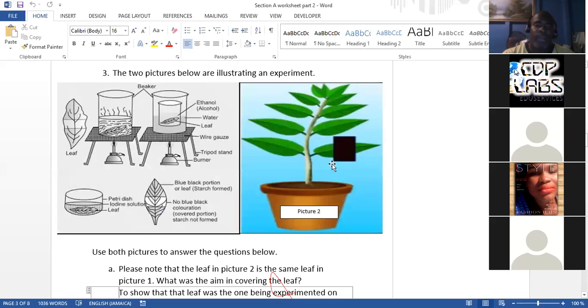All right. Now you realize that picture 1 is a plant in a pot, and the leaf is partly covered with something black. Now in picture 2, the person doing it, let's say a student doing the lab, the first step in the procedure was to place a black plastic bag or cartridge paper or foil paper on that leaf.